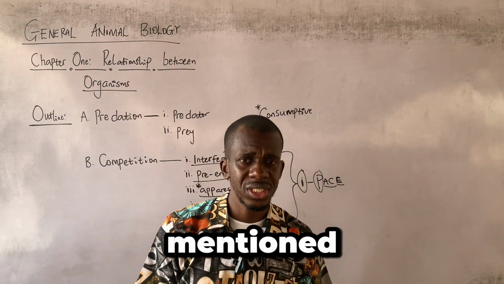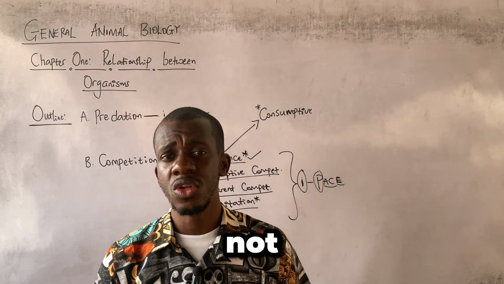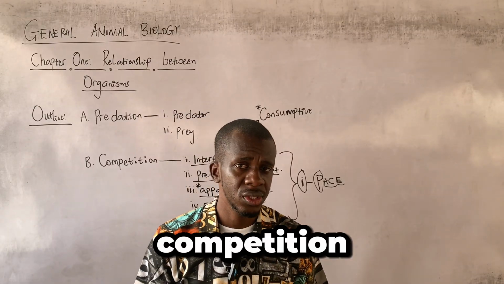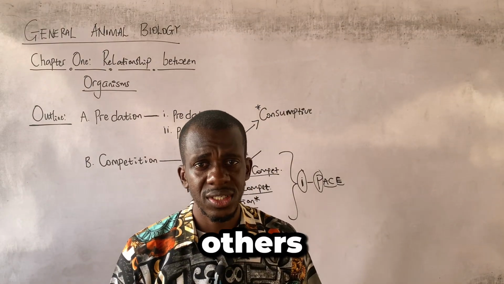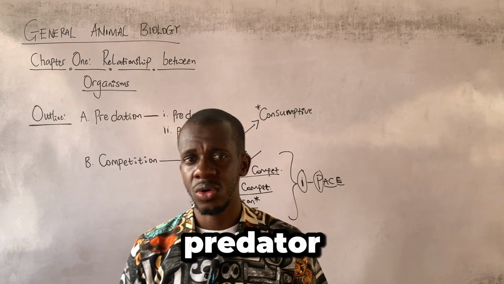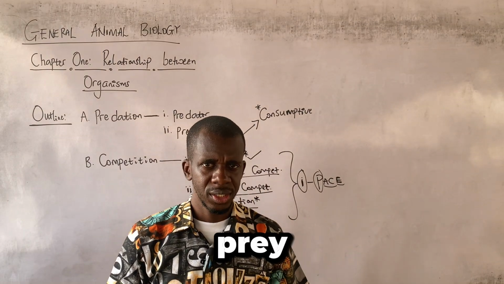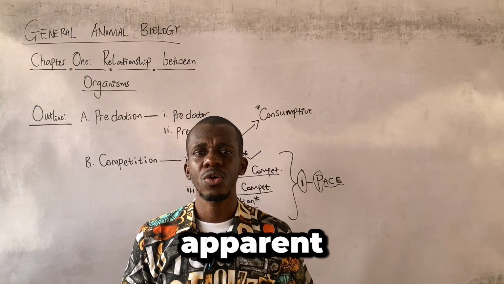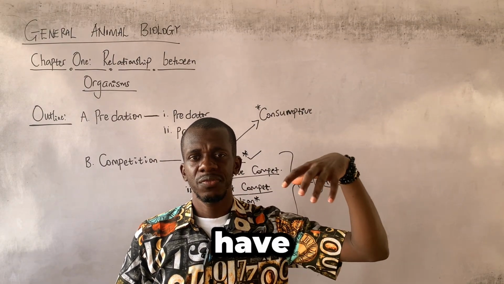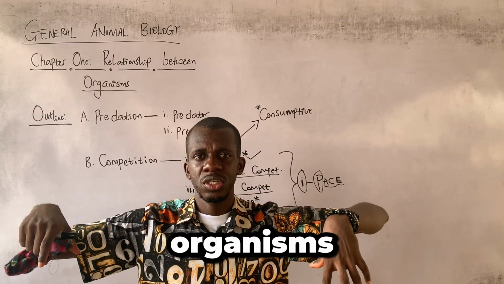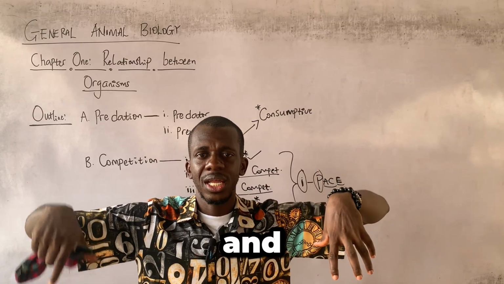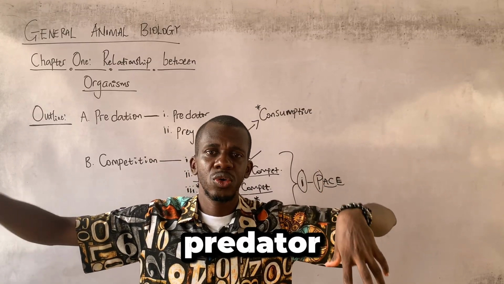Recall I mentioned that this apparent competition is not a true form of competition because unlike the others, it shares a predator and not a prey. So in apparent competition, you have two organisms, let's say A and B, and then they have a common predator, which is C.